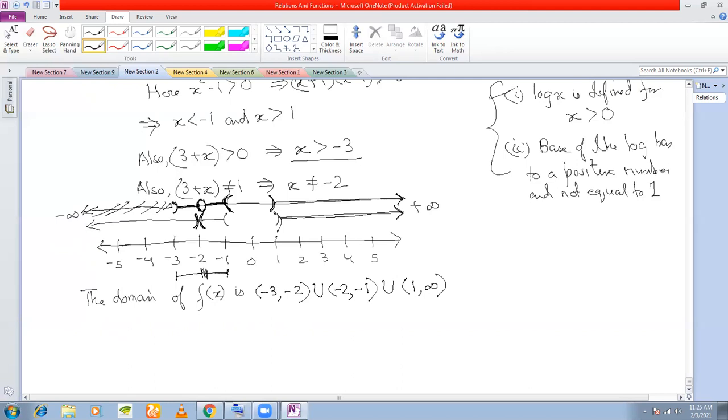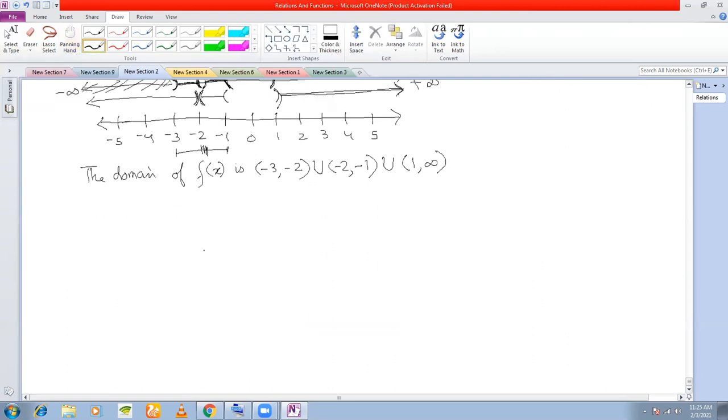So what is the question? x plus 3y is equal to 12, where x and y are both natural numbers.